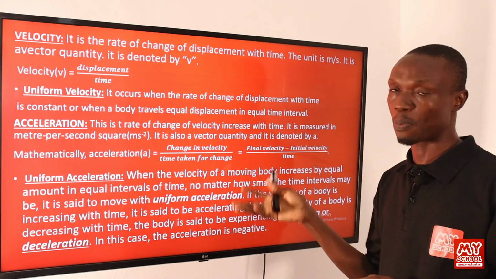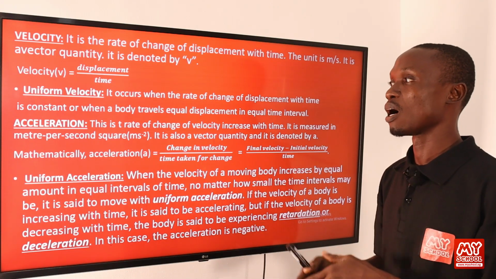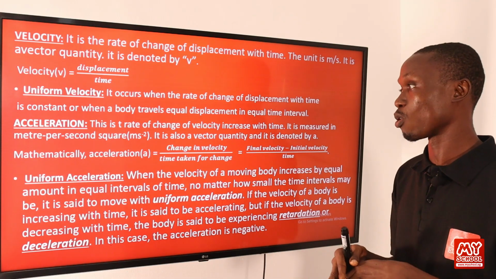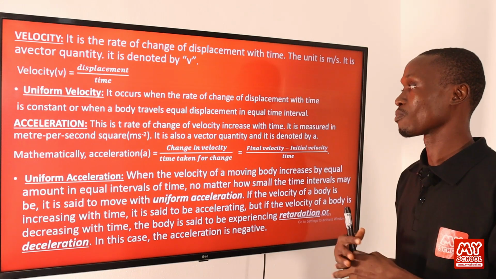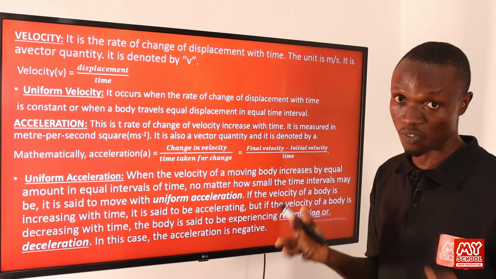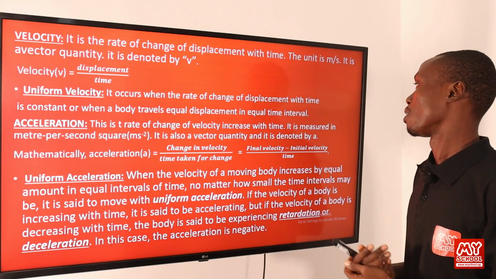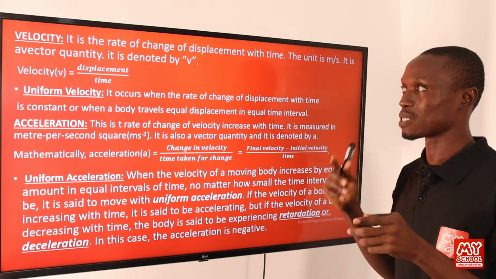So let's talk about another parameter, which is acceleration. We define acceleration as the rate of change of velocity with time. It is measured in meter per second square.